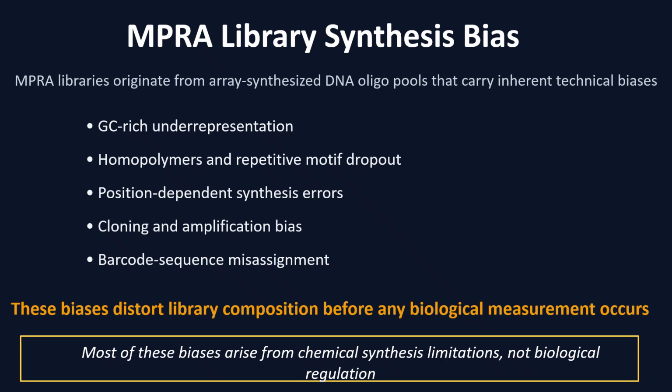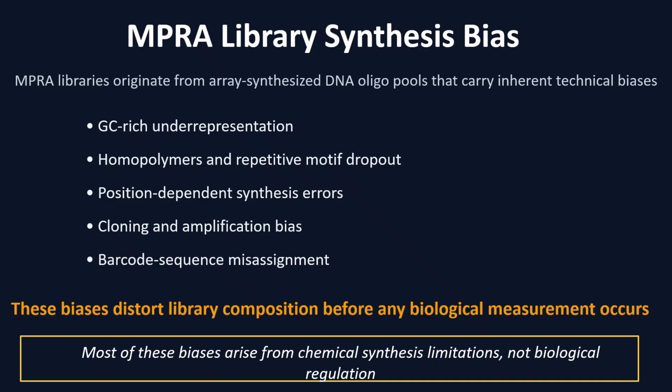For example, GC-rich sequences are often underrepresented because they can form stable structures that make synthesis harder. And then homopolymers and repetitive regions frequently fail during synthesis. Error rates also increase toward specific positions along the oligo.